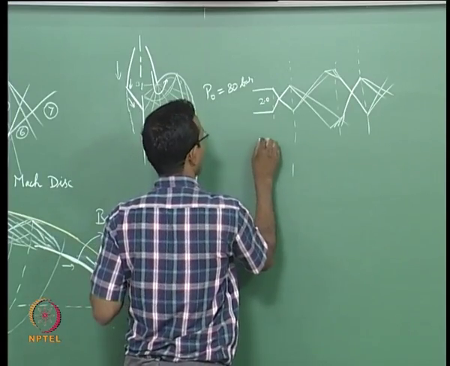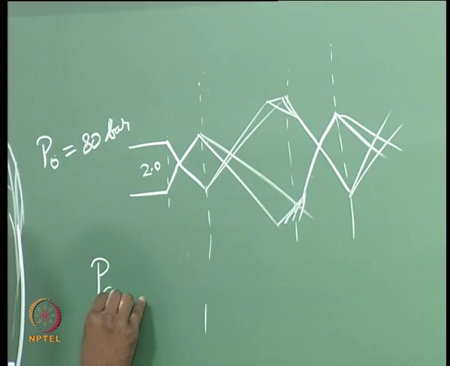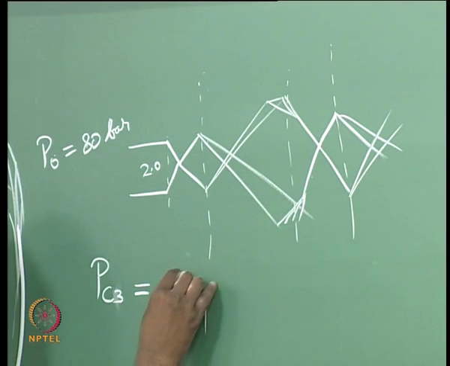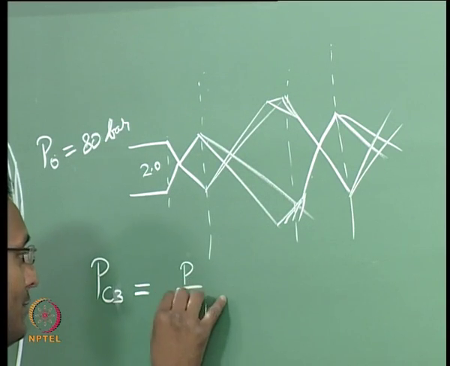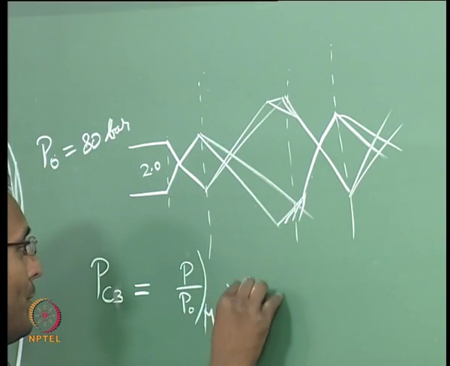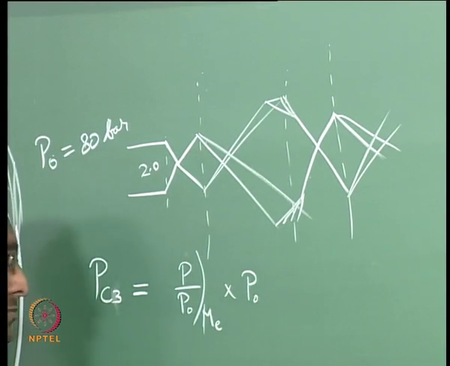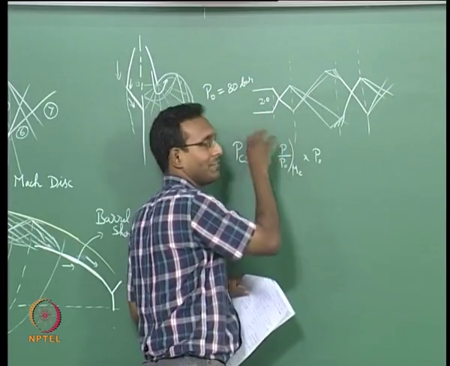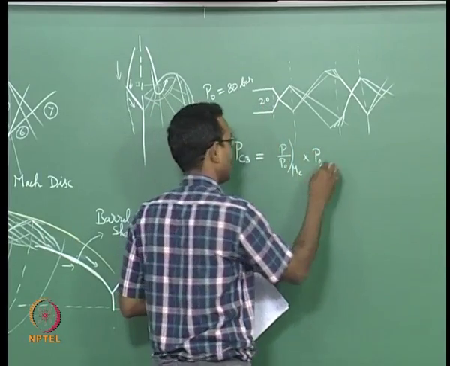For that I need to know P critical 2 and 3. So P critical 2, how will I find that value? To find P critical 2 I need P critical 3, right, because you need to know the supersonic pressure and then multiply it with P2 by P1 at that shock. So P critical 3 we will find first, that number is related to P by P naught at that exit Mach number into P naught currently, that will be the pressure at the exit if it is fully supersonic, that is your critical pressure 3.